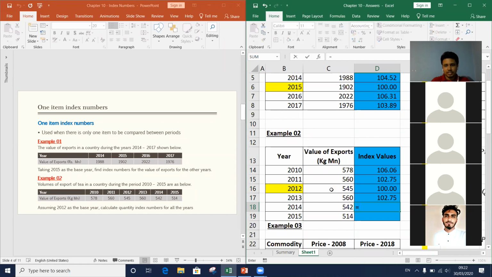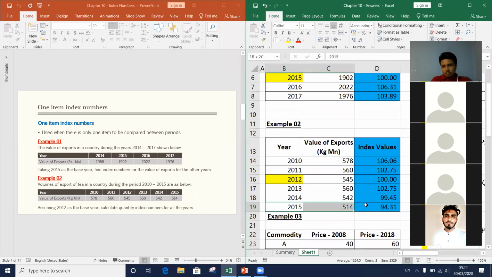Here, 542 is the current year figure, base year figure is 545 into 100, that is 99.45. In 2015, the current year figure is 514, base year figure is 545, multiplied by 100. The index value is 94.3.